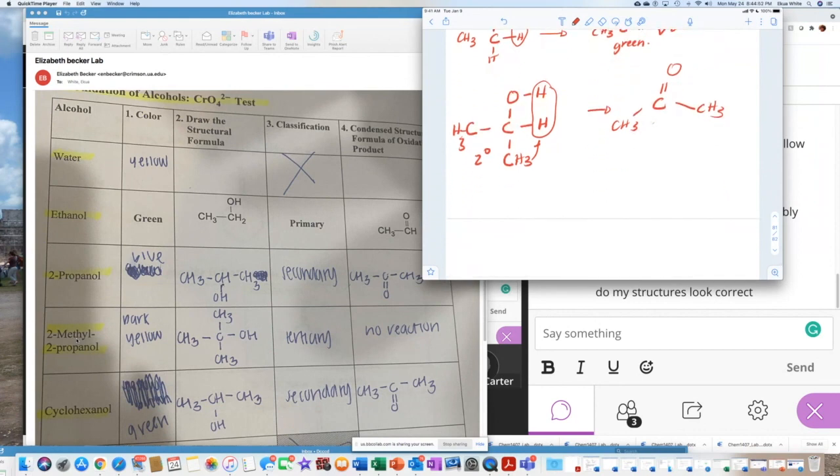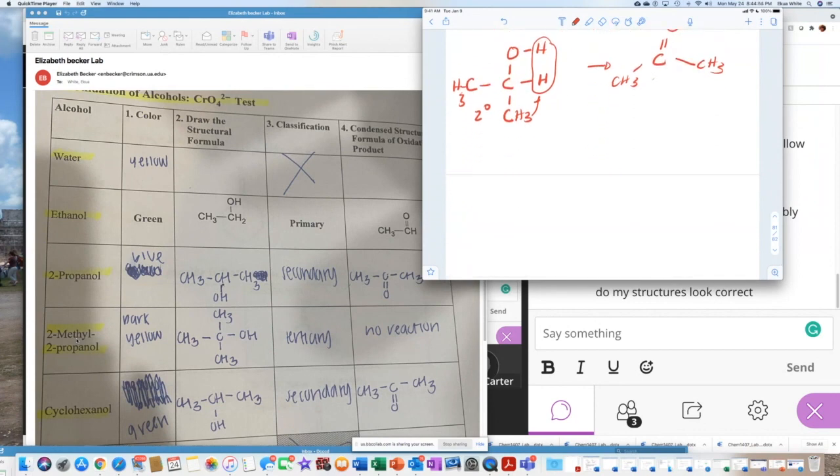Okay. And then this one here, let's see. It said 2-methylpropanol. So once again, propan, that means 3 carbons. 1, 2, 3. On the second one, we have the alcohol, O-H. But on the second one, we also have a methyl, CH3. That complicates things.